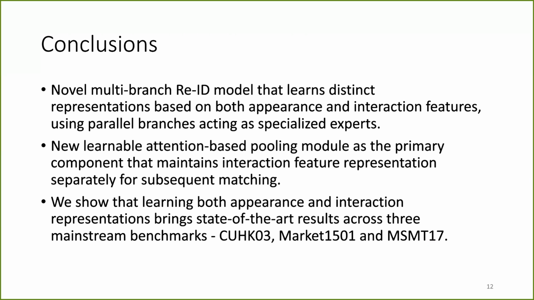Another contribution is a new learnable attention-based pooling block, which is used in the second branch of our model. This differs from existing modules by the fact that the interaction features are not fused with the original feature map. And then finally, we show state-of-the-art results across 3 popular datasets and achieving quite highly in MSMT17.